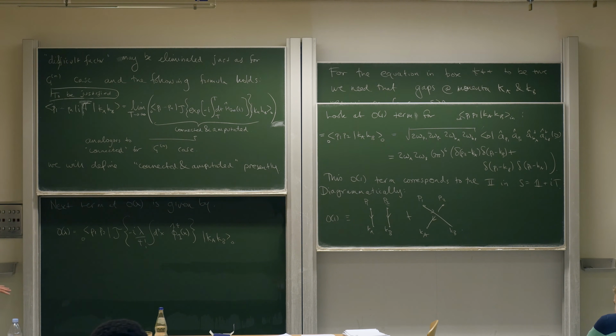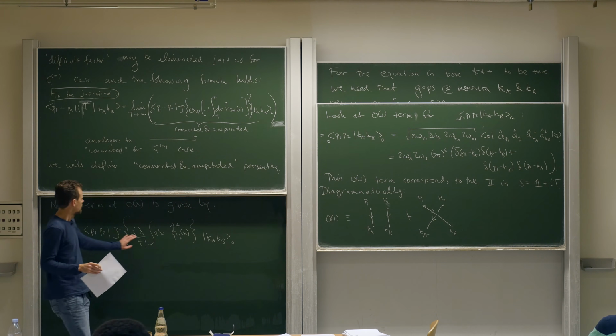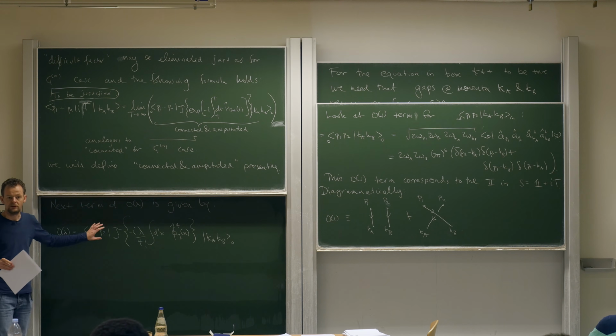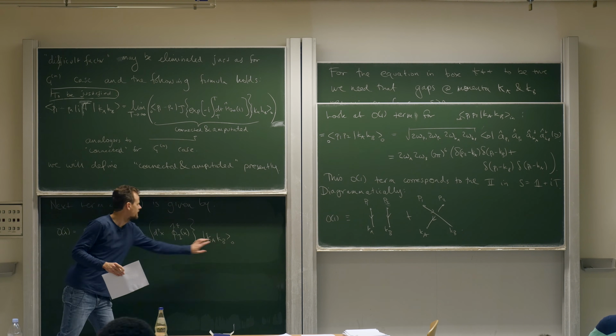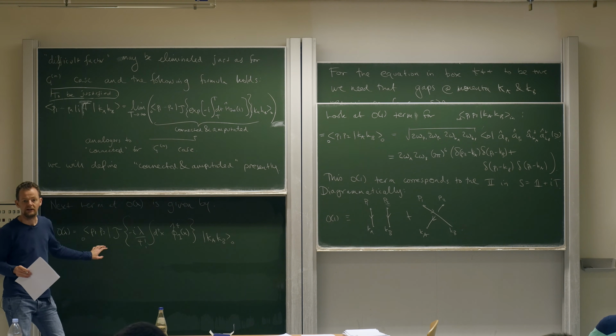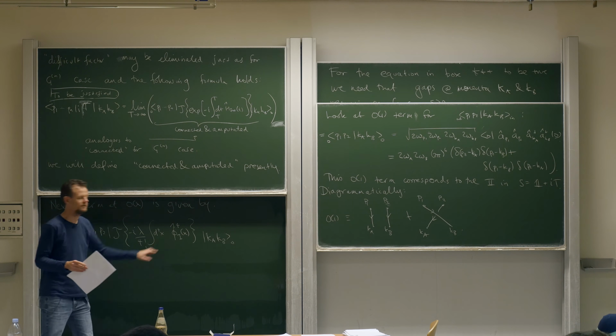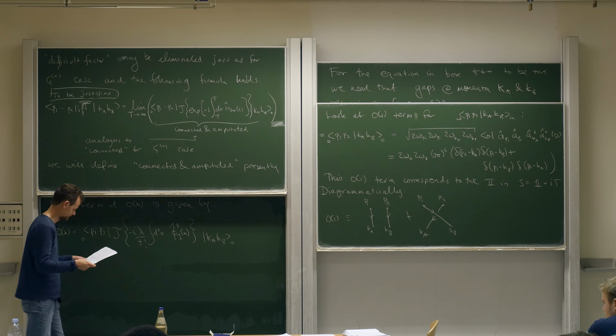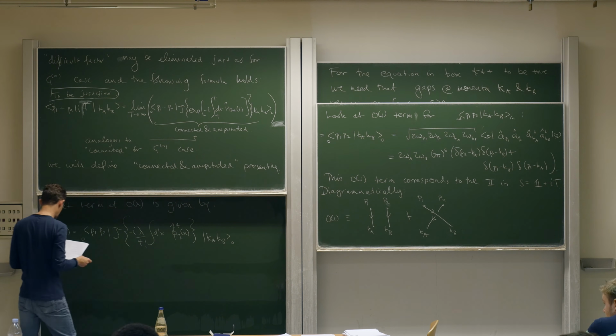Now here we begin to see a difference between the Green's function case and this scattering amplitude case. Because in the Green's function case, we always had that was the vacuum and that was the vacuum. But here it's not the vacuum anymore. There's a momentum eigenstate here and a momentum eigenstate here. So there's going to obviously be some differences when we apply Wick's theorem to evaluate this expression here.